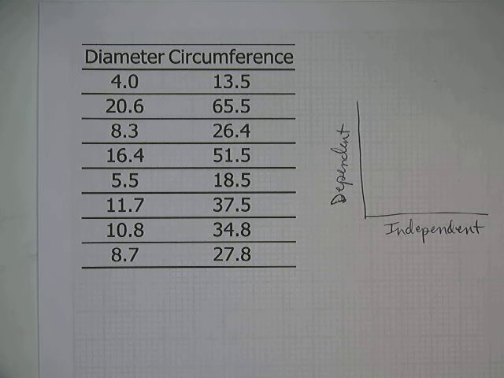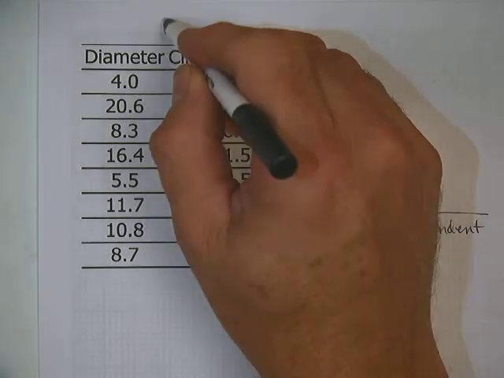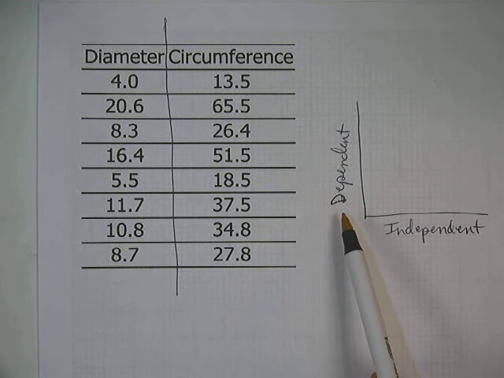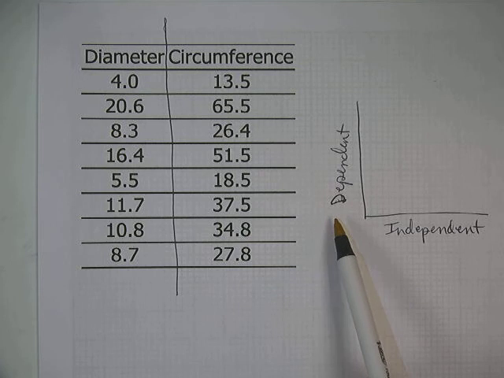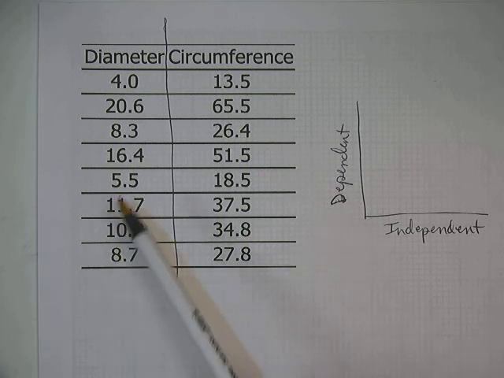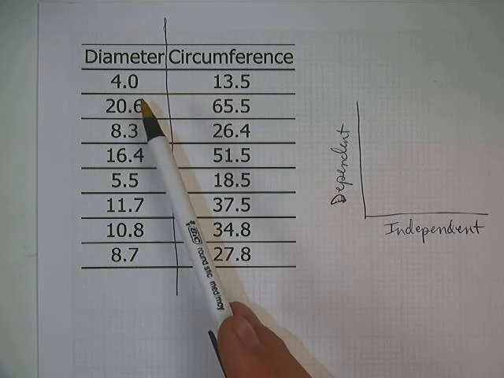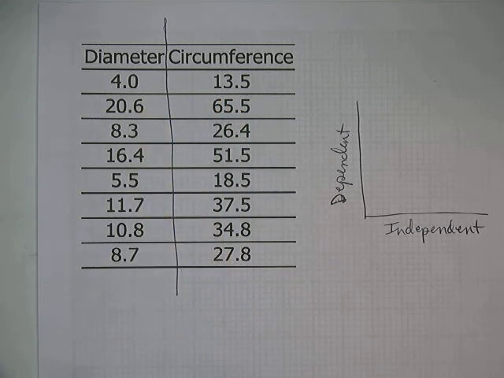Okay, so which of these is which? The way I tend to look at it, the independent variable is the one that we are initially changing to see what happens, and the dependent variable is what happens after that. In this lab, I don't know if it's immediately obvious, but the circumference actually depends upon the diameter. If we make a circle of a larger diameter, that also changes the circumference.